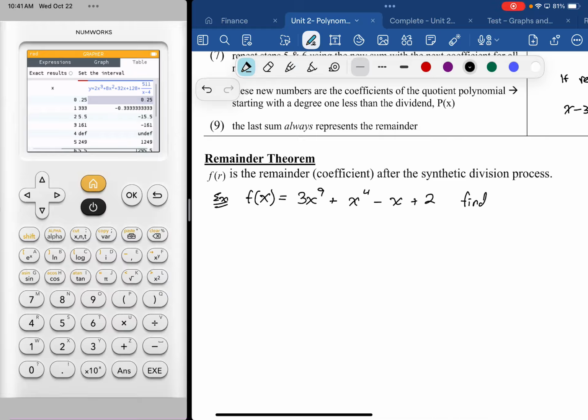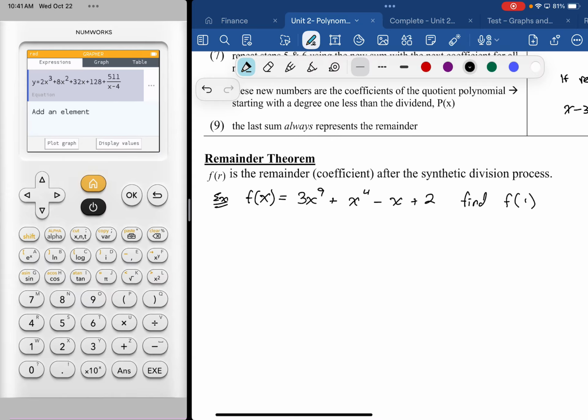If I ask you to find f of 1, one thing that you could do, if this were back in Unit 1, is you could pop in that function that I just gave you in its full-blown hideousness.